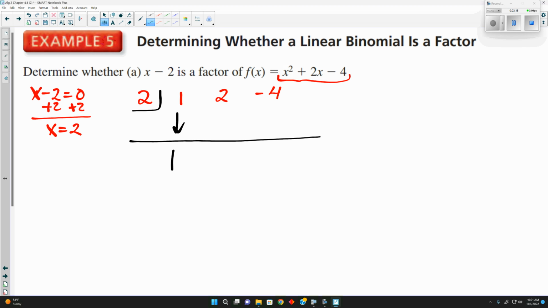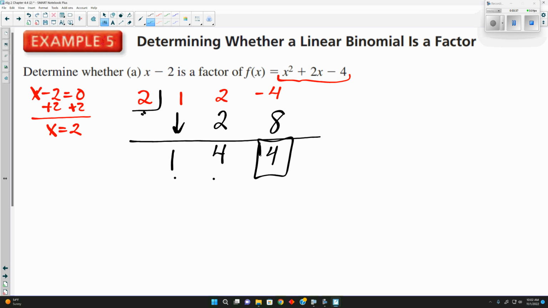Now we do multiplication, so we do 2 times 1, which is 2. 2 plus 2 is 4. Then we multiply again, 2 times 4 is 8. Negative 4 plus 8 is 4. So here our remainder is 4.